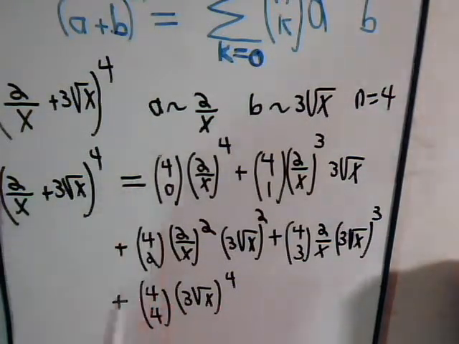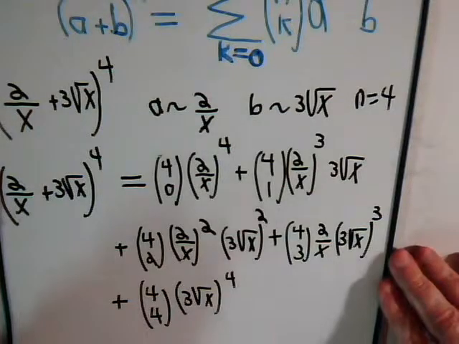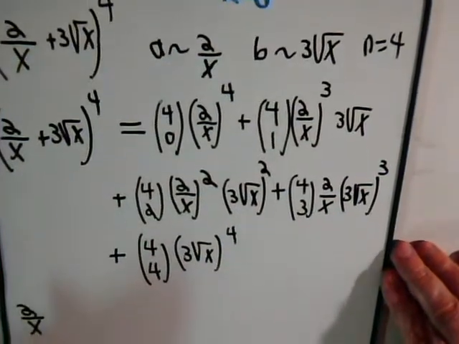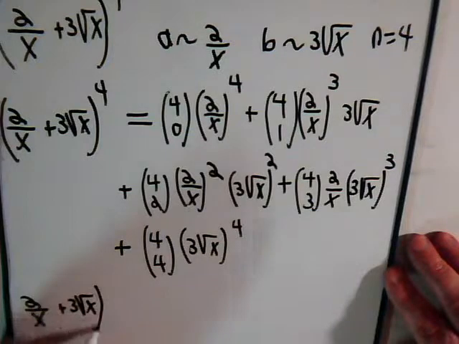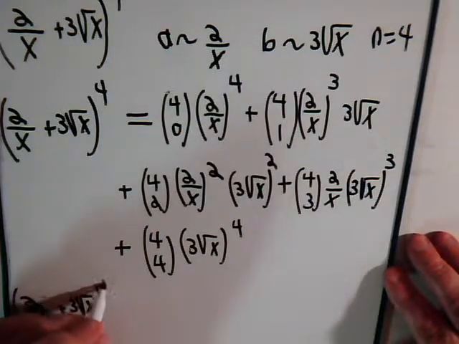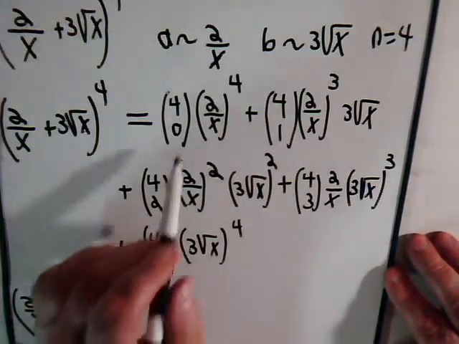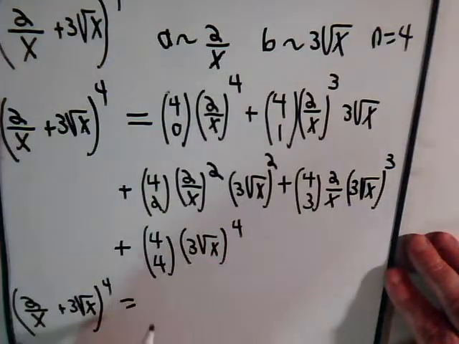All we have to do now is evaluate our binomial coefficients, and hopefully from the work that we've done in the previous videos, you can handle these pretty efficiently by now. This binomial coefficient, of course, is just 1. So we have 2 over x plus 3 times the square root of x to the 4th power equals, that's 1, 16 over x to the 4th.